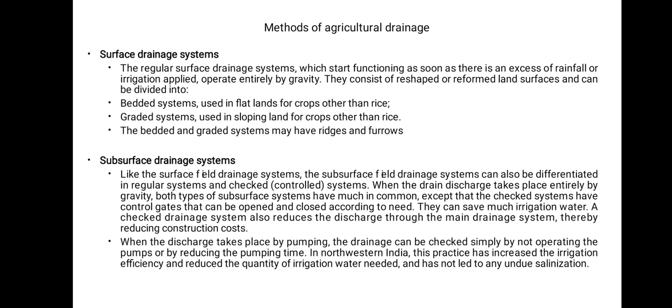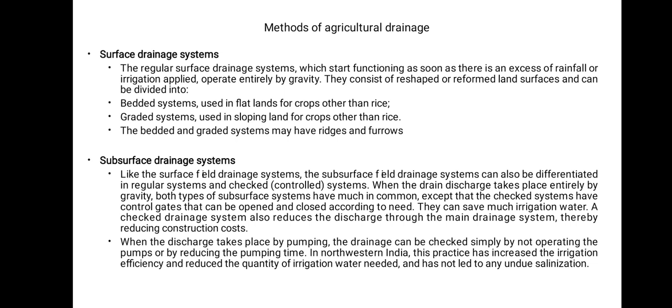The methods of agriculture drainage: one is surface drainage, another one is subsurface drainage. The regular surface drainage system starts functioning as soon as there is excess rainfall or irrigation applied. The bedded system is used in flat lands for crops other than rice. Coming to the subsurface drainage system, the subsurface field drainage system can also be differentiated into regular systems and checked systems.